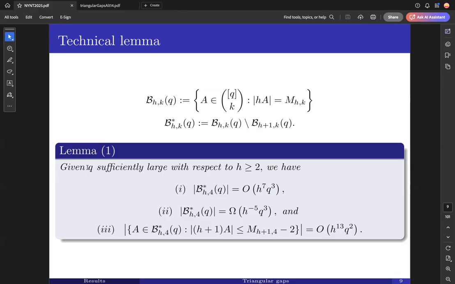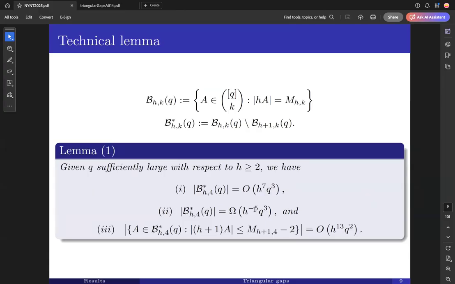So what do I say? If Q is large and H is at least 2, then we have that the size of this B sub H star, this critical or boundary set, is bounded above by a constant times H to the 7th Q cubed. It's bounded below by a constant times H to the minus 5th Q cubed. Those are upper and lower bounds.